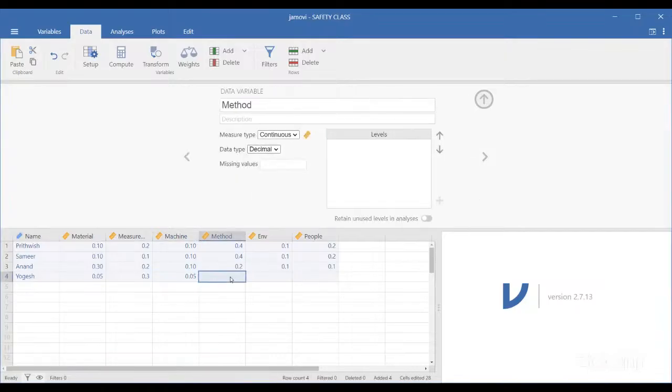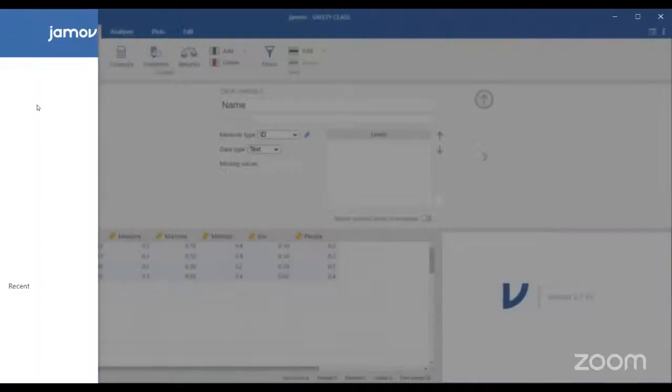And for method, 0.4. And for environment, 0.02. And for people, 0.4. Okay.